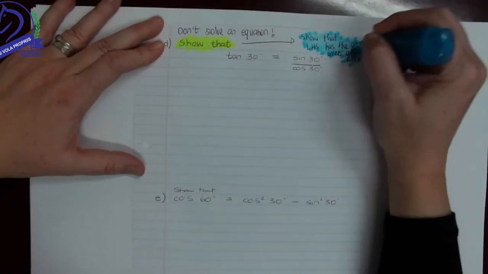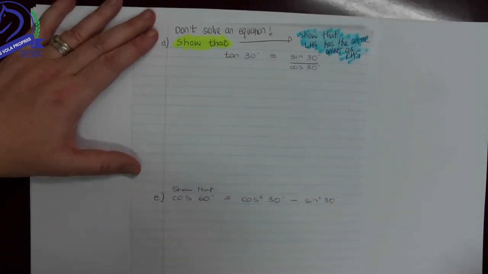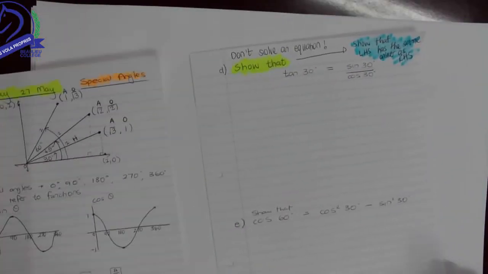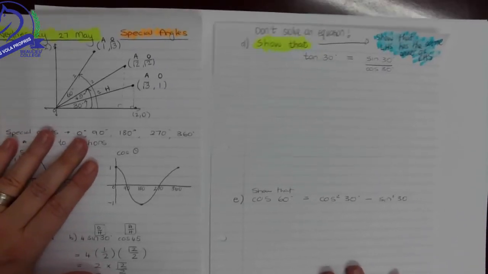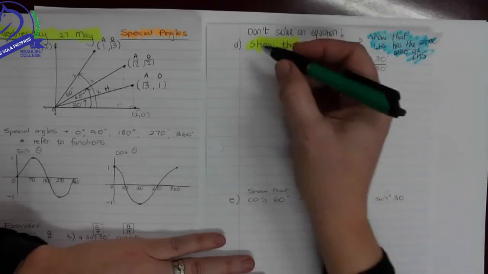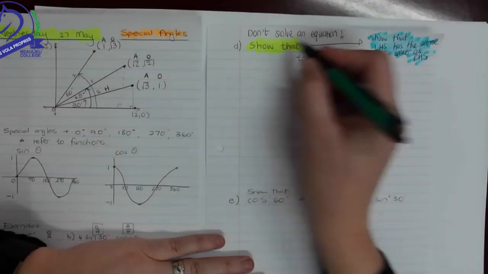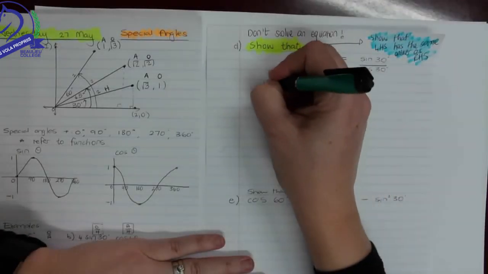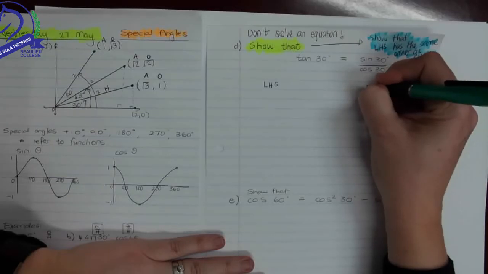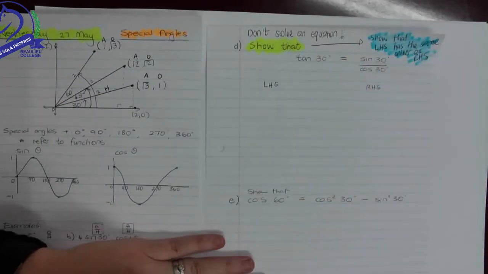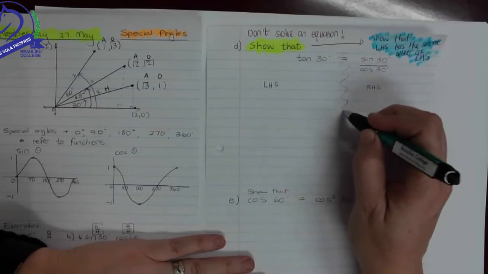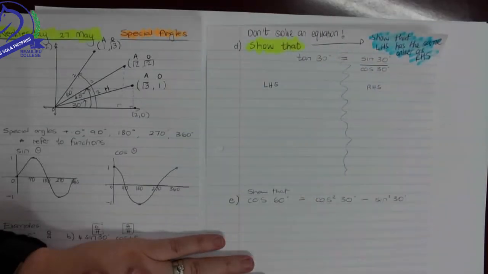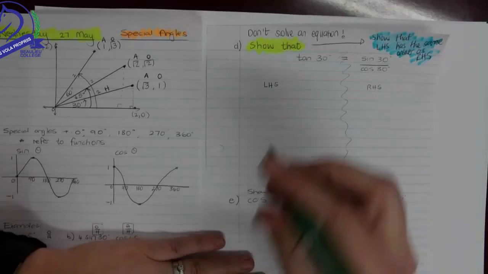Do not go and move anything from the left to the right and the right to the left and so forth. I'm just going to keep this page here so that you know where I get my answers. So the moment you see the instructions show that, you create a left hand side and a right hand side. So basically show that builds a brick wall where the equation sign is.